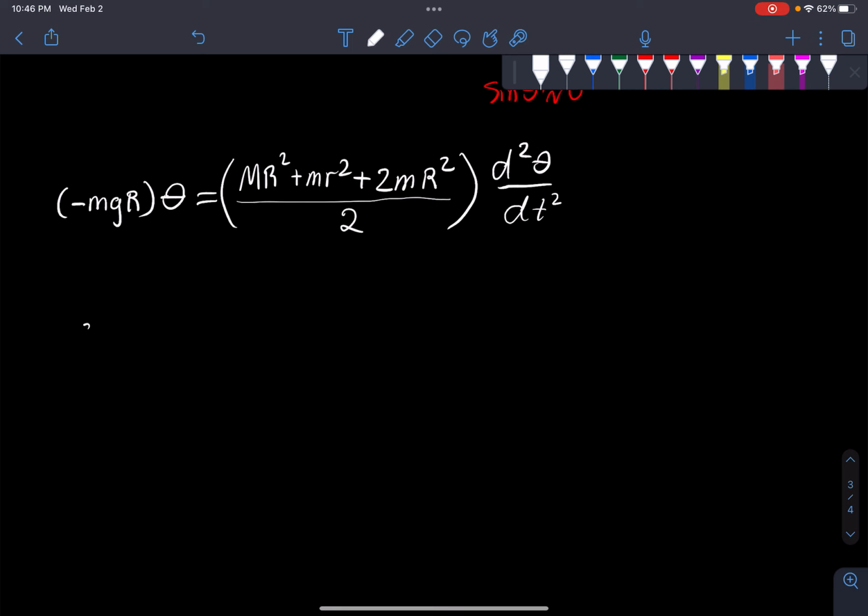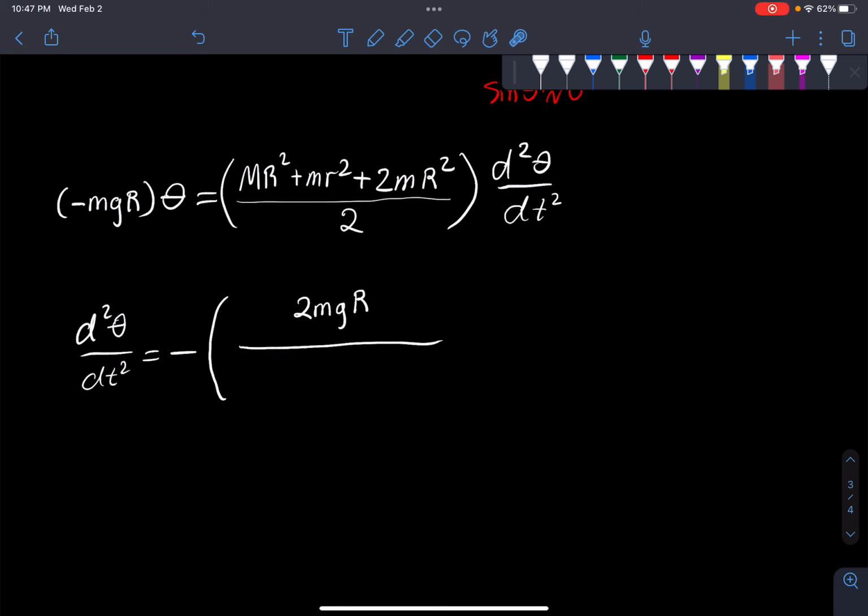So d2 theta dt squared equals negative, and I flip this fraction, so the 2 is on top, and we still have mgr on the numerator: 2mgr divided by MR squared plus little m little r squared plus 2 little m big R squared, times theta.